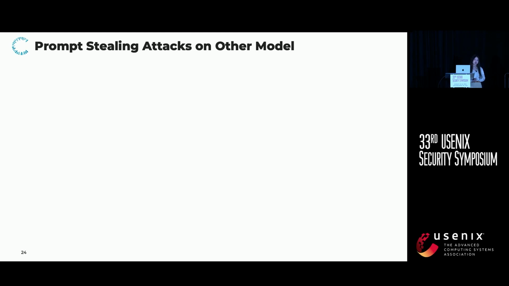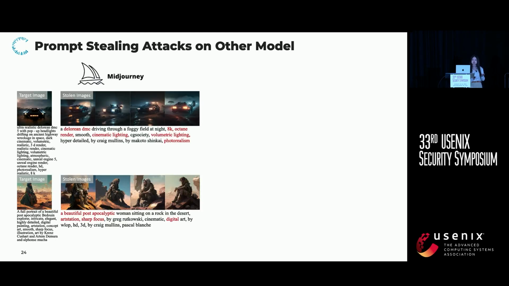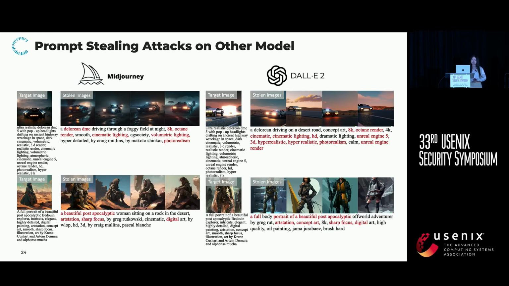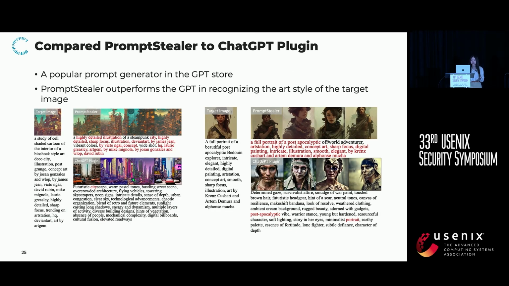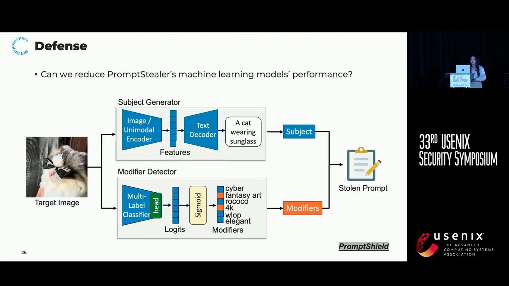For example, we tried to apply PromptStealer on Midjourney and DALL-E 2, and the generated images are also good. And we also noticed that there are some vision language models right now that can be used to predict prompts. So we also compared a popular prompt generator, which is actually GPT. We find that PromptStealer still outperforms it. Basically, we are better at recognizing the art style.